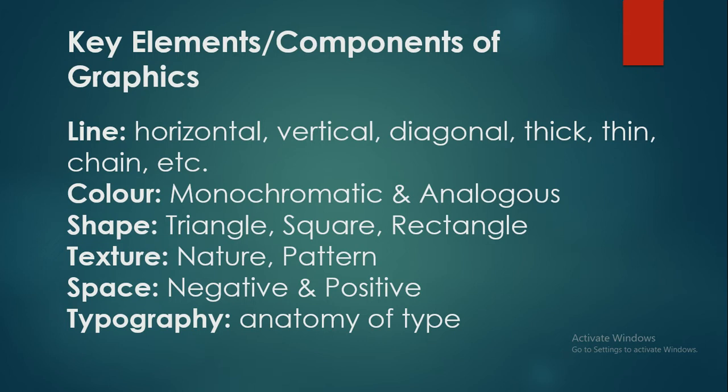Monochromatic colors are basically colors that stand out, that I would say are neutral. For instance, having the color purple and different shades of purple, or having the color black and different shades of black.